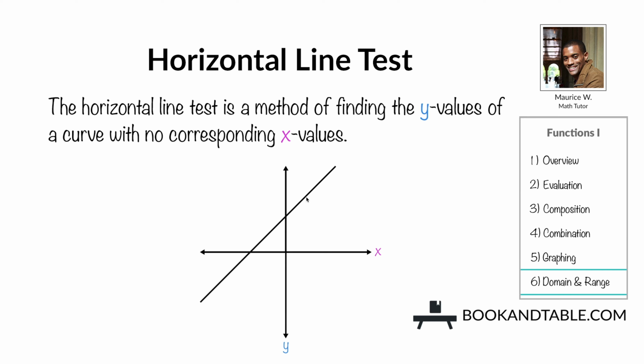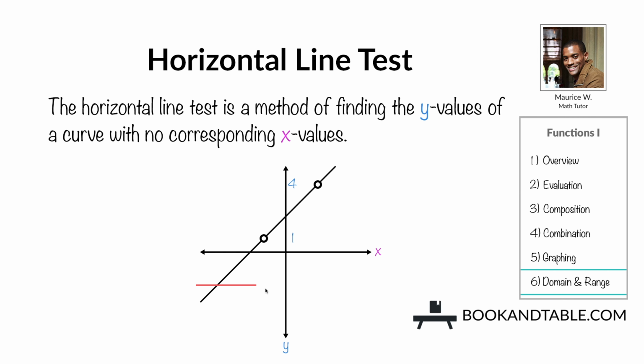So like our original line, for example, if we use a horizontal line, we see that there are no gaps. So the range would be from negative infinity to positive infinity, since this would continue indefinitely, heading all the way down towards negative infinity on the y-axis. And as we continue up, we see that it is going to continue to have y values as we head towards positive infinity.